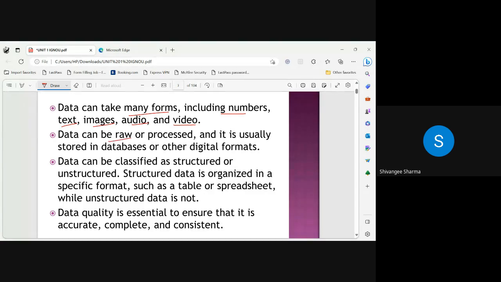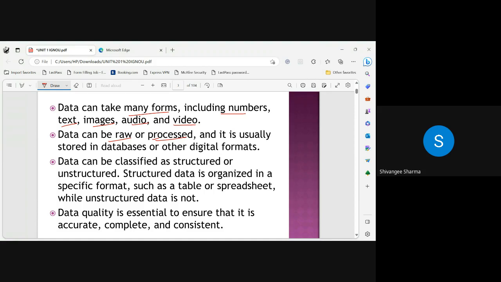And data can be raw or processed. Raw data means being collected primarily from the respondents, right? Which needs shaping, which needs some presentation, and it can be processed also. Like if you are collecting the population data from the site of the government, right? From where the census is calculated, and you are taking the data from there, then that will be processed data.